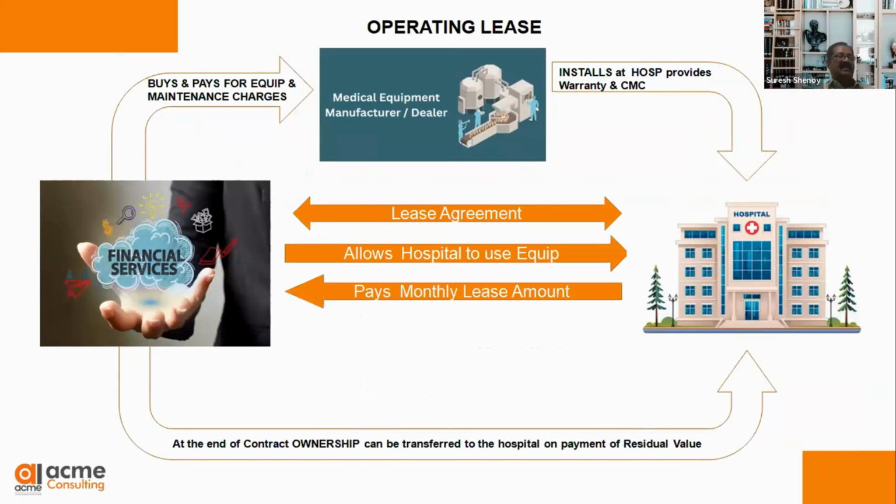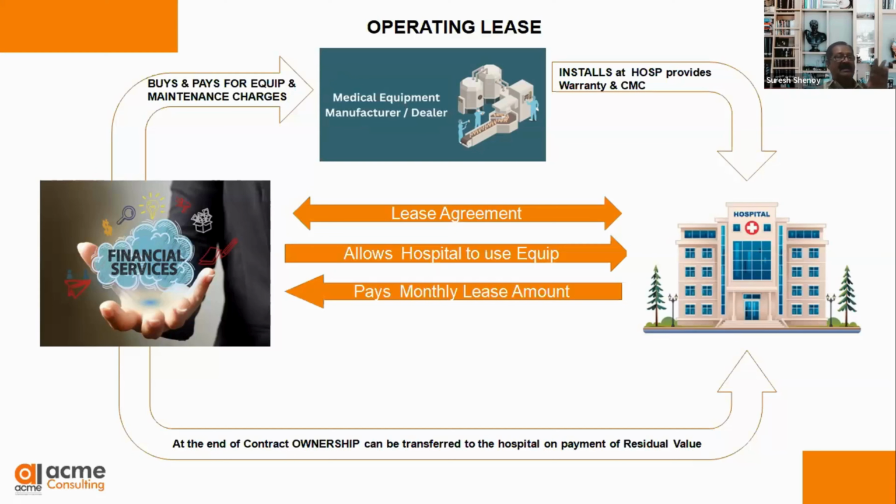In this case, the hospital enters into a contract with a financial services company, who in turn will purchase the equipment from a dealer or the medical equipment manufacturer. He pays for it and buys it, and then he allows the hospital to use it.